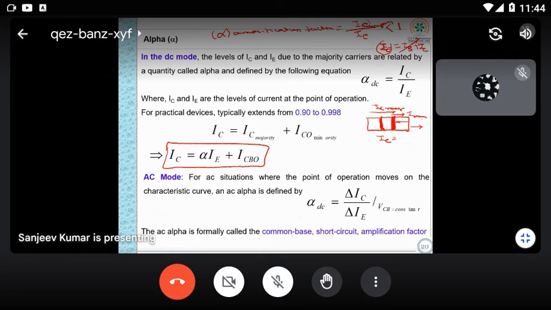But the minority current will be negligible actually, very minimum, you can neglect it. When you are doing mathematical or circuit analysis, at that time you can neglect it.